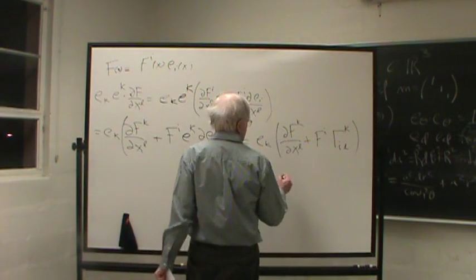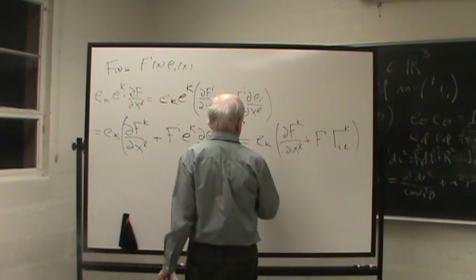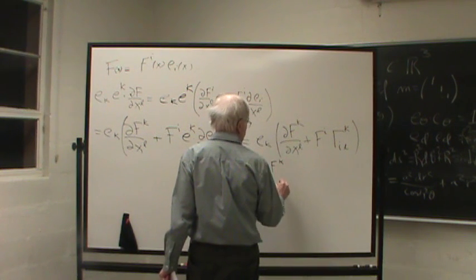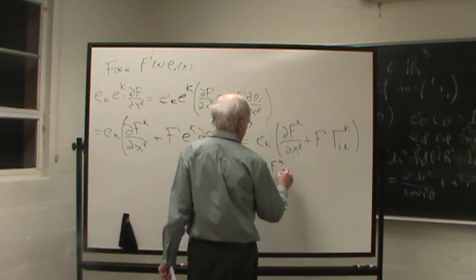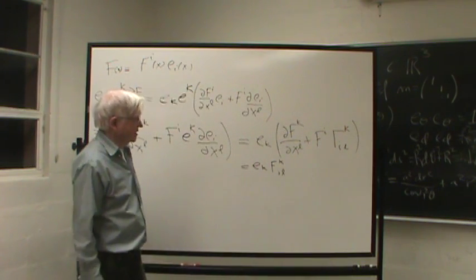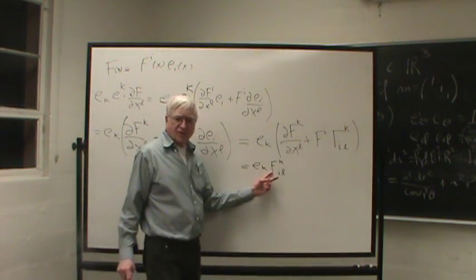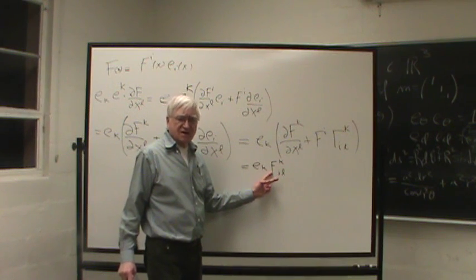And there are various notations for this. We can call this ek fk semicolon L. That's a notation for covariant derivative, instead of comma, semicolon.